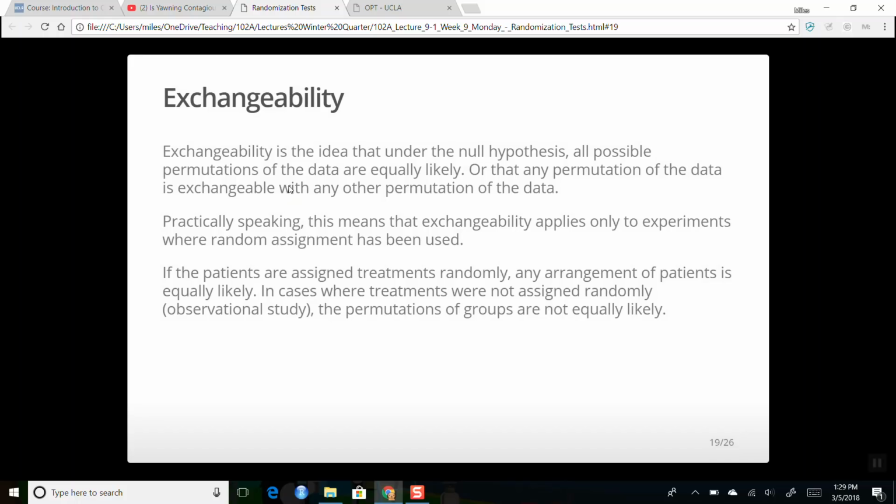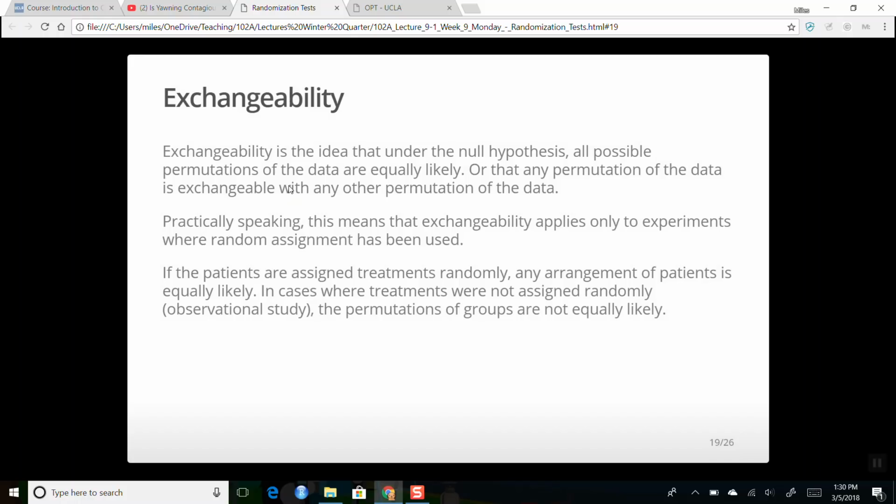So the concept of exchangeability is that under the null hypothesis, if there's no difference between the two groups and who's going to end up getting what, every single possible permutation of the data is equally valid. Okay? This cannot apply if there's not random assignment but just random sampling, okay?